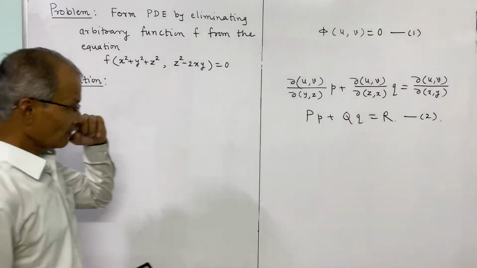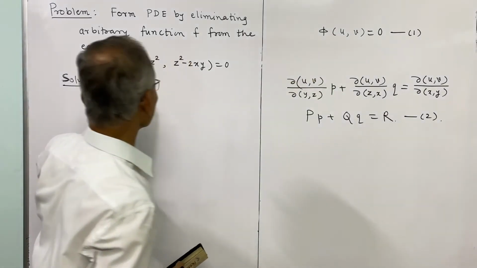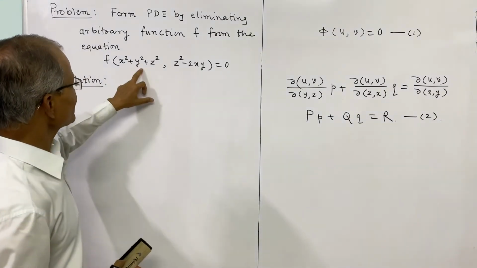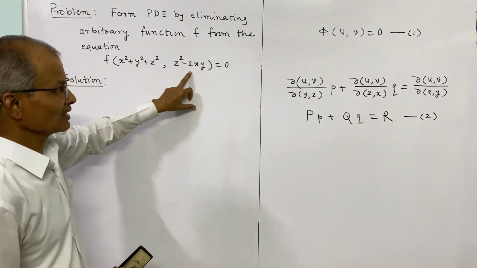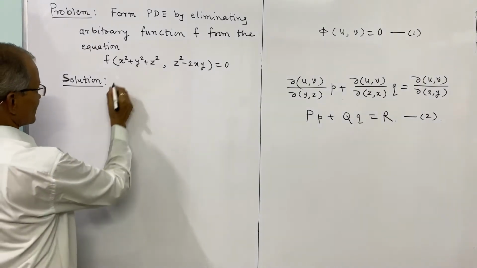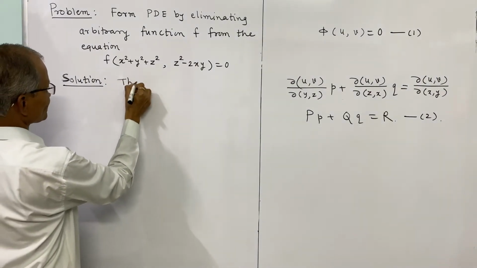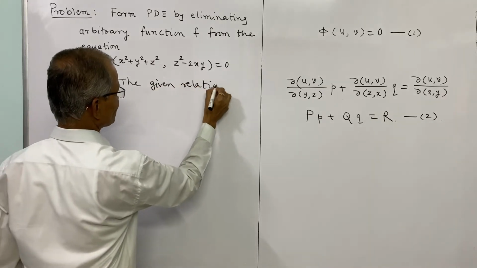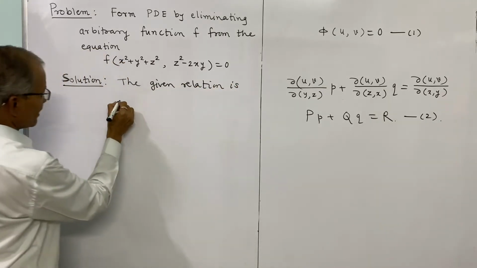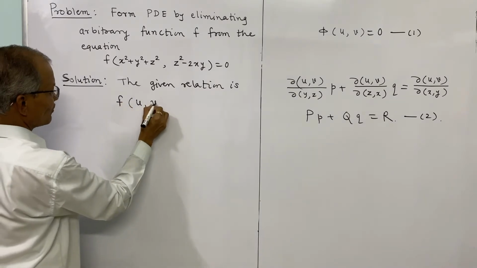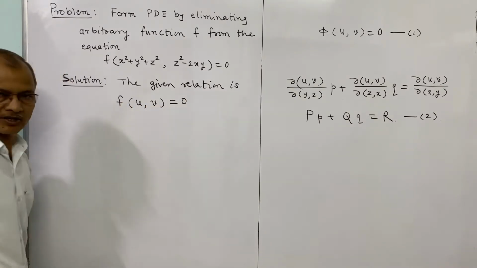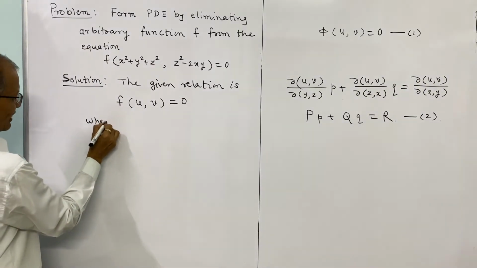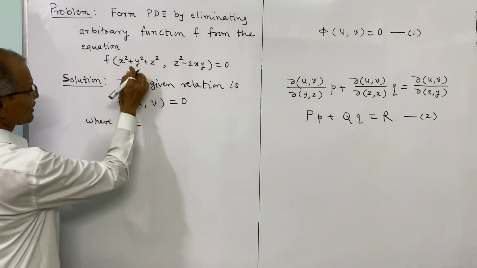Here, instead of phi, the function is considered to be f. So whatever it may be, f or phi. But we may consider this function as u and this function as v. So the given relation is f of u and v is equal to 0, where u is the first function.